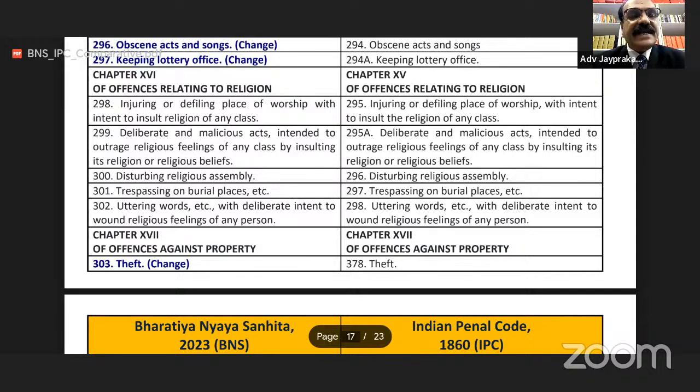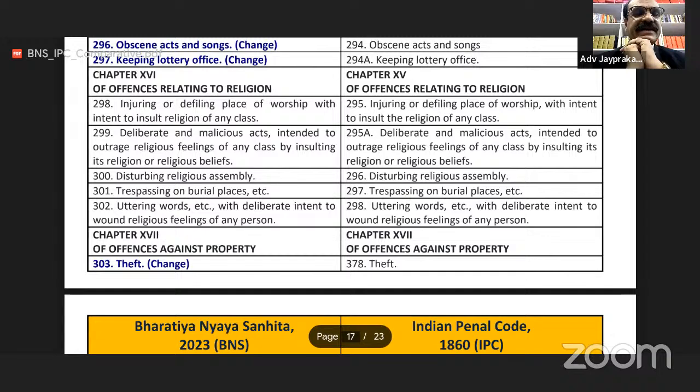Section 299 of BNS, deliberate and malicious act intended to outrage religious feelings of any class by insulting its religion or religious beliefs. Its corresponding section was in IPC 295A.